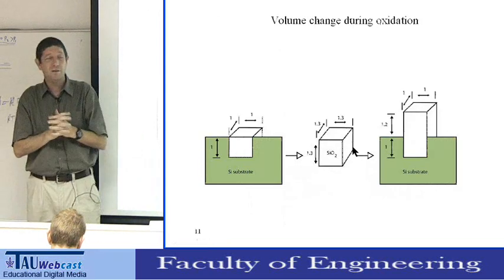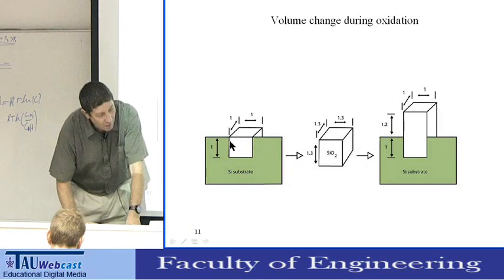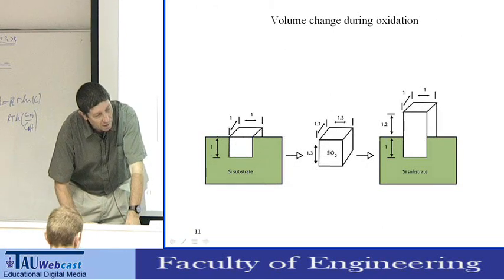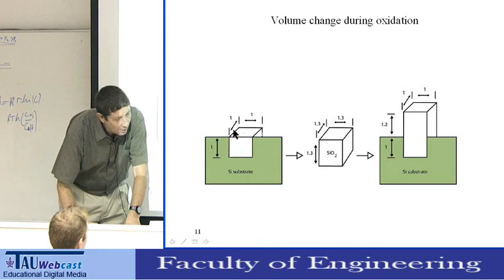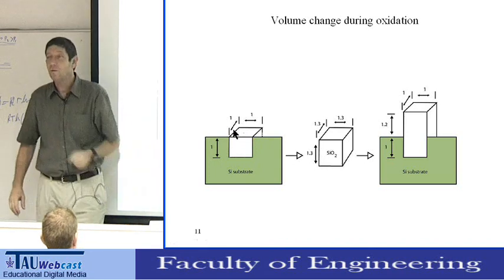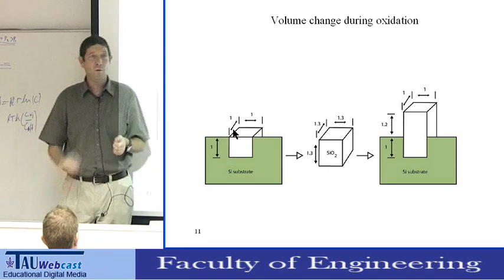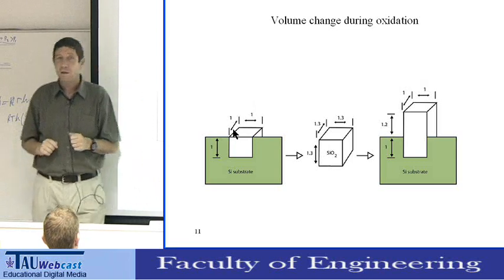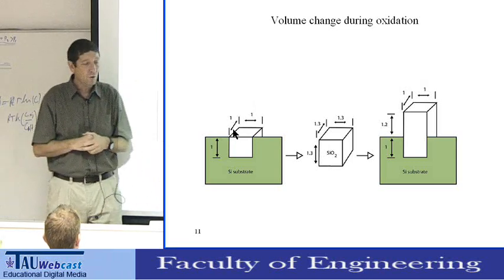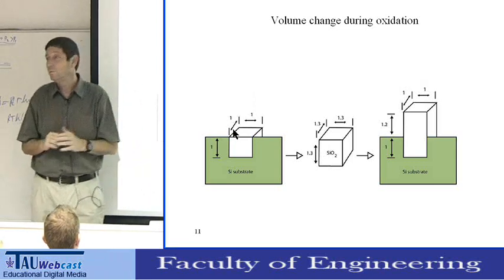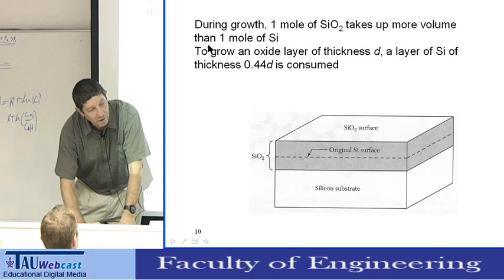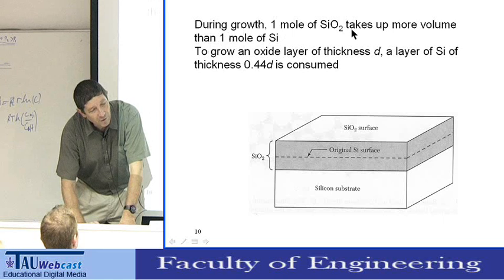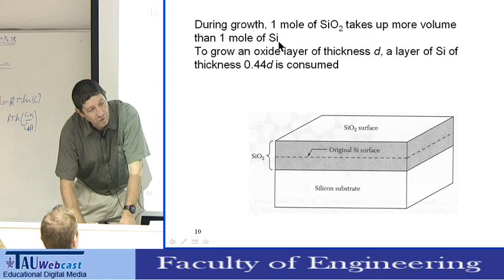Now, look at the situation. Let's say that you have silicon, the green one is silicon, with a volume of 1 by 1 by 1. You know that during oxidation the volume grows by a factor of about 2, because, as I told you, 1 mole of SiO2 takes up more volume than 1 mole of silicon.